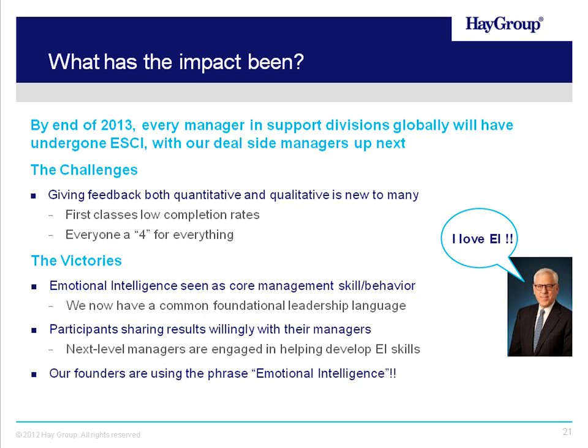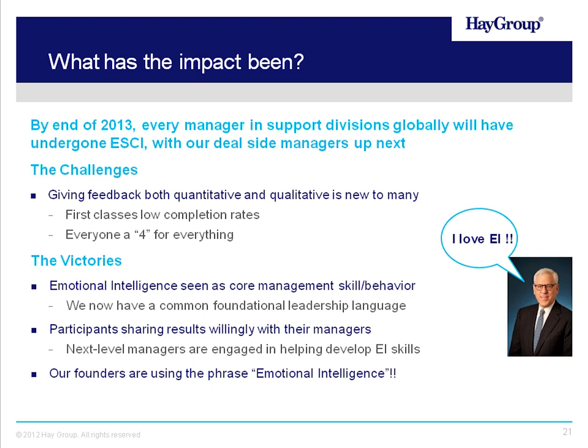We have participants who are, having gone through the 360, quite willingly sharing their results with their managers, and as a matter of fact, quite willingly sharing their takeaways from the program and from the feedback with their groups and their team members, thanking them for the input and then promising to take action to improve their emotional intelligence skills. And we have our next level managers really engaged in helping to develop these skills.